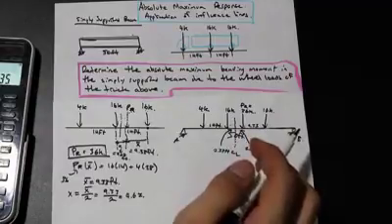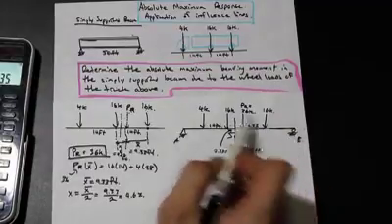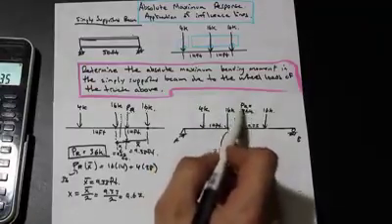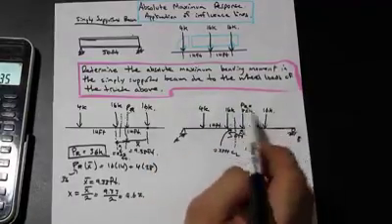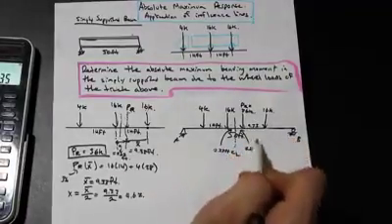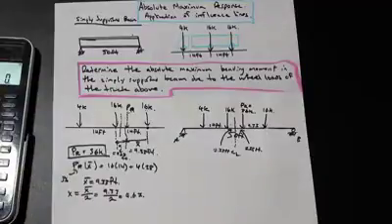If we solve for A by taking the moment about B and, instead of these three forces, using the resultant force, we know that this distance is 9.33 and this distance is 2.33.